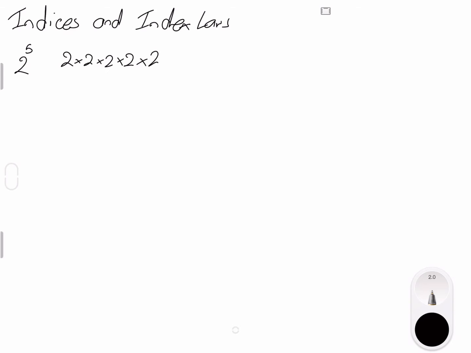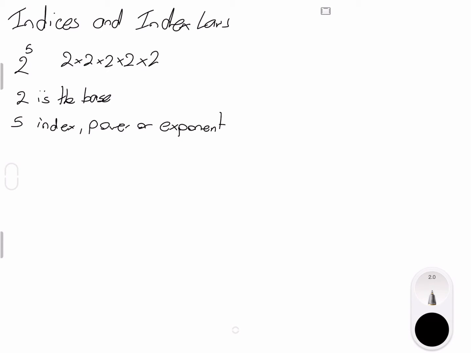What you may not know is that, in this case, 2 is called the base, and 5 is what we call the index, power, or exponent.